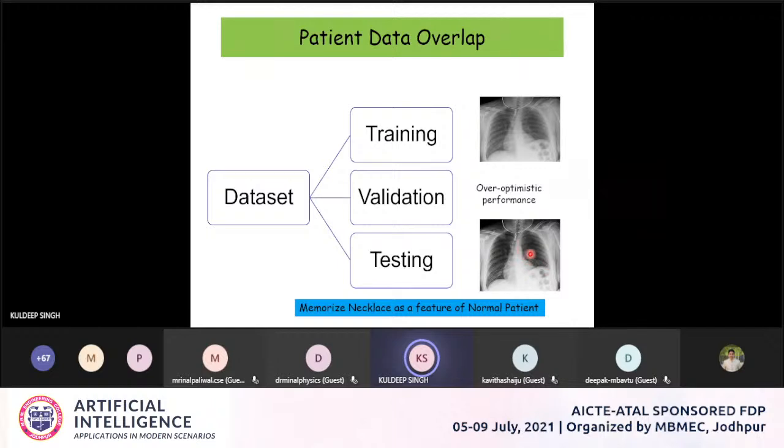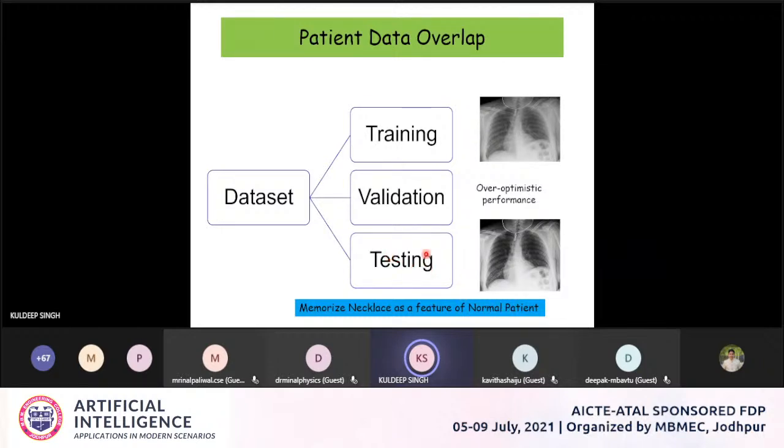And we have put this particular image in the testing dataset. And the healthy image is put in the training dataset. Now, during the training, this model will memorize some of the things which are unusual here. As in the case, it will memorize the necklace as the feature of the normal patient.